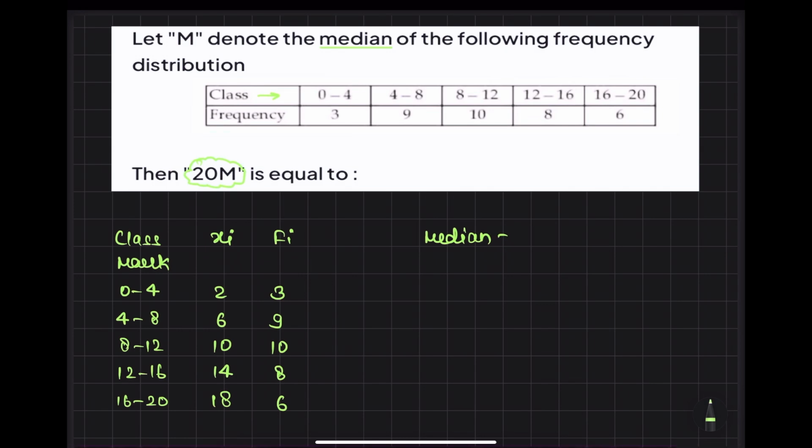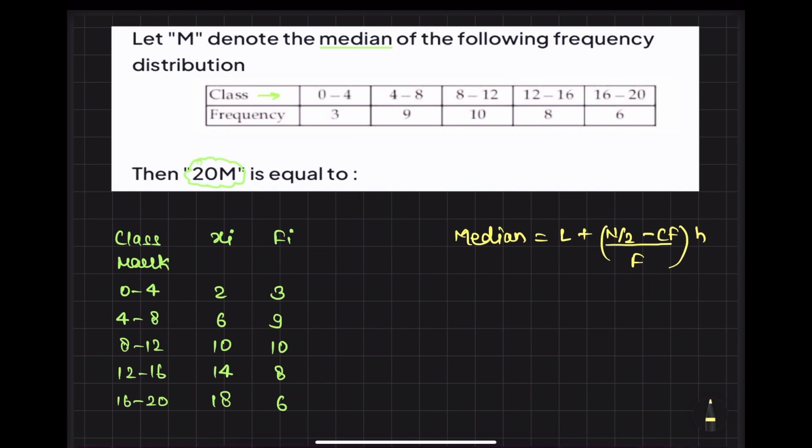I will change the color. So median equals L plus n by 2, minus cumulative frequency, by f, times h, height of the class.